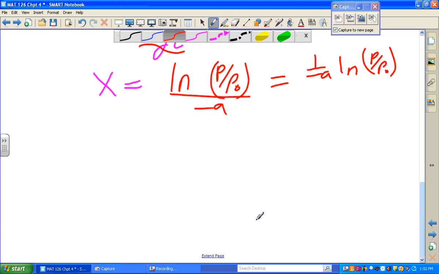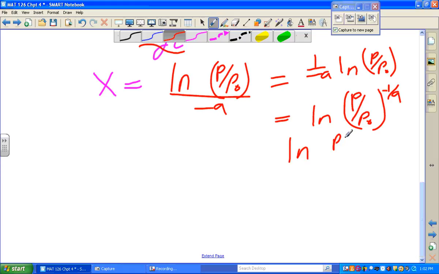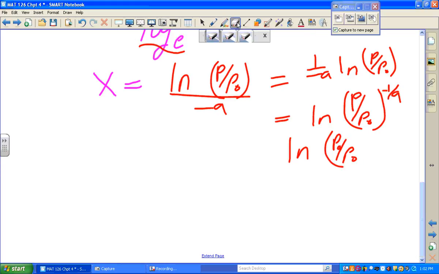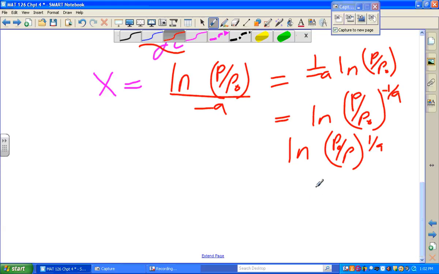So if you want to keep going with this answer, you could write natural log of P divided by P sub 0, to the 1 over negative A. You could also write it as natural log of P sub 0 over P. So there's lots of ways to write the answer once you get in this form. Usually you just pick one and you stop. You can also subtract them if you like. All right.